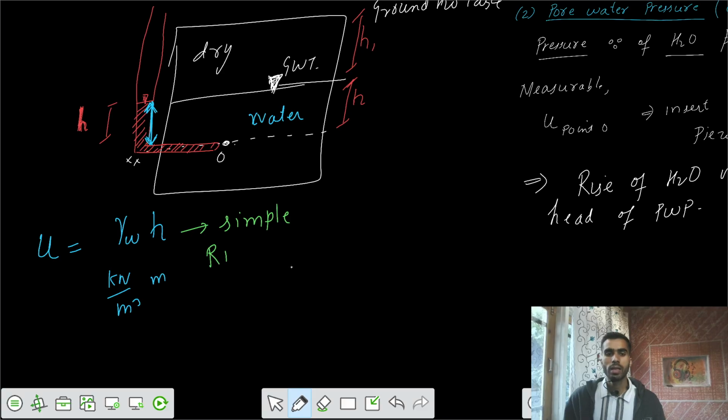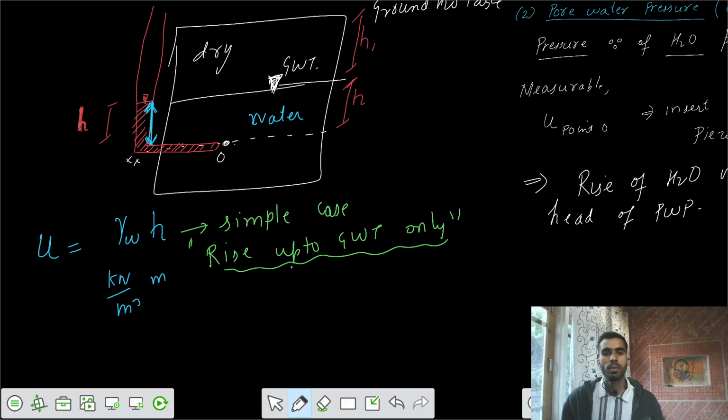So that's a very easy case when there is no external loading. The pore water pressure rises only up to that level of the water table. Okay, so that's very easy.